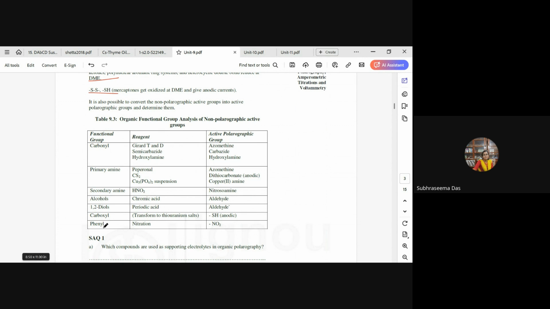Even for a functional group like phenyl, if we nitrate the phenyl, by the process of nitration we get the NO2 group, that is nitrophenyl. This nitrophenyl becomes an active polarographic group. In this way, if we ever come across a non-polarographic active group, by reaction with suitable reagents, it is converted to an active polarographic group and then can be analyzed by polarography.